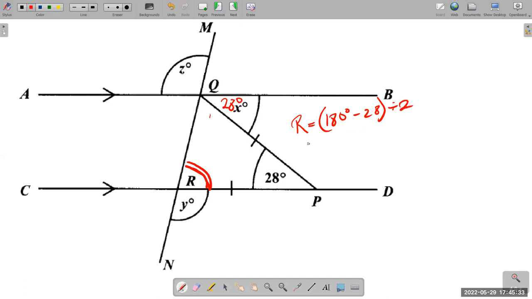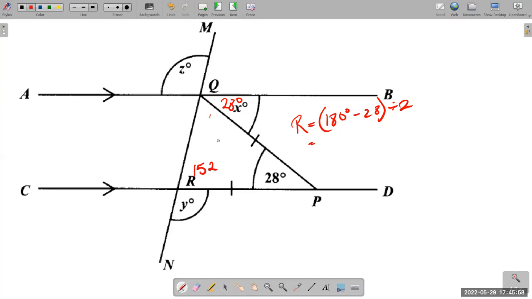Somebody with a calculator, help me out quick. What's the answer? Was that 152? So 152 divided by 2 is what? 176?